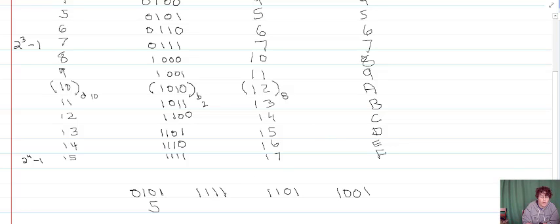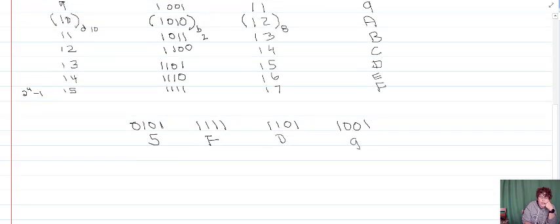So 1111, that's 15, that's F. 1101, that's 8 plus 4 is 12, plus 1 is 13, so 10, 11, 12, 13, A, B, C, D. So that's D. Or you can just look it up on the table. I just wanted to show you what I do. And then 1001 is 9. So this number in binary equals 5FD9.